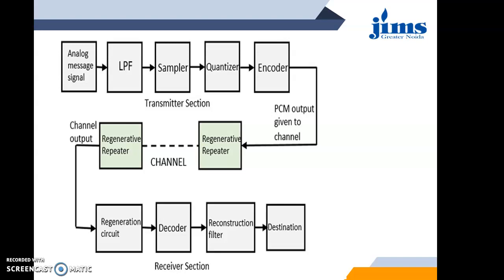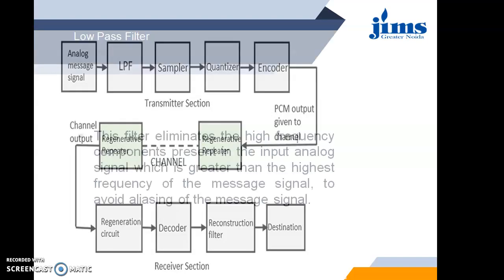The decoder is the circuit which converts the binary digits into the analog numbers of a quantizer output. The reconstruction filter makes sure that the signal is within the desired band, and this is basically a low pass filter. This receives the analog signal which was created by the sampler. And finally at the destination we receive the original analog signal.